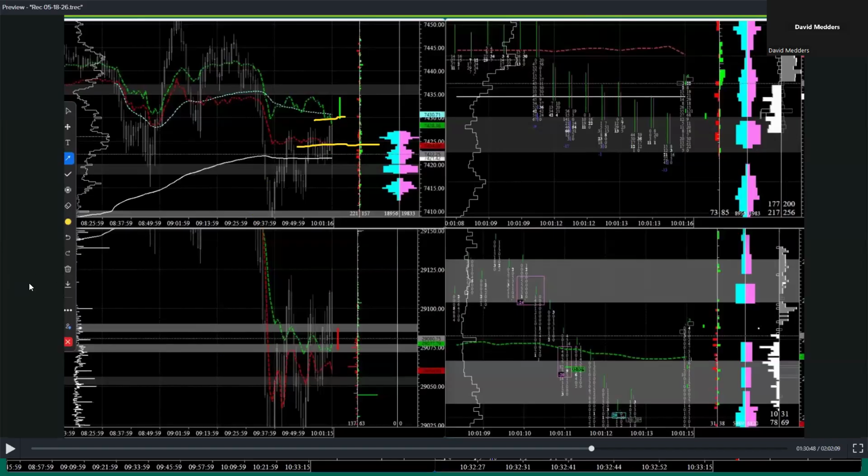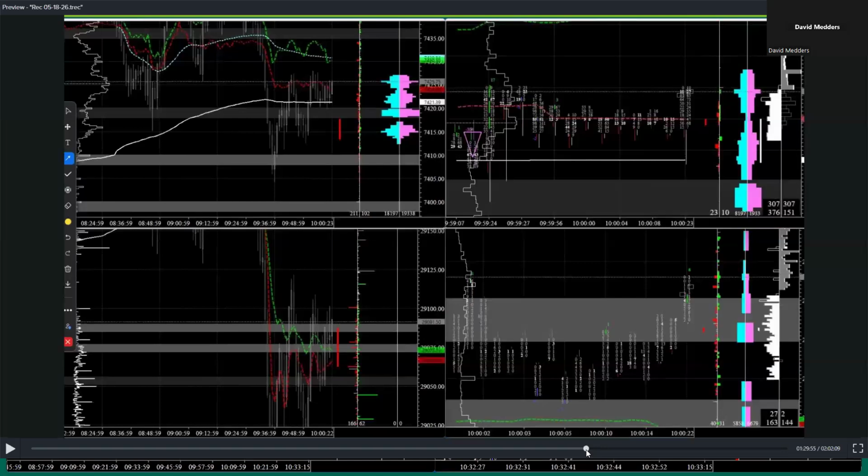Do you have to get short at the top of the head fake? No, probably not, and don't even try because you don't know it's a head fake at that moment. When it jumps back down, now you can anticipate the probability that a head fake is taking shape. And so if we magnify it, that's what this chart on the upper right is.